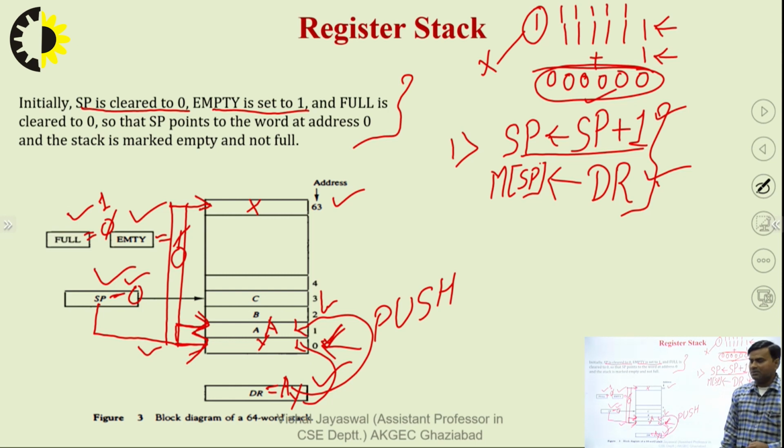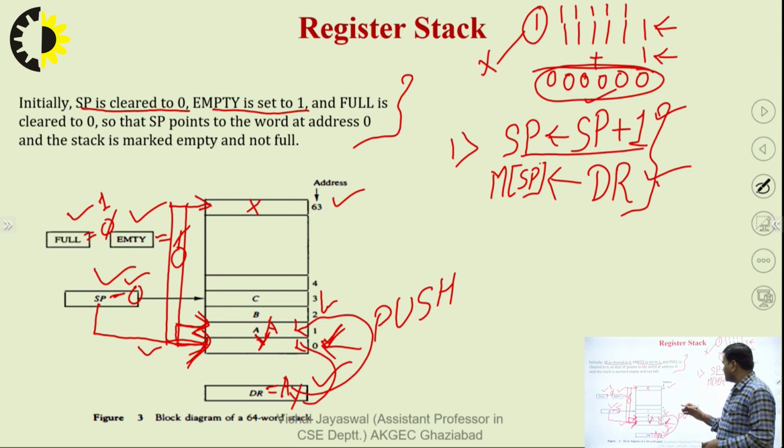Let's suppose we are at this location where the stack pointer is pointing at the 0 location, and Y is the item at the 0 location. If we pop from this stage, then our stack pointer moves to address 63.